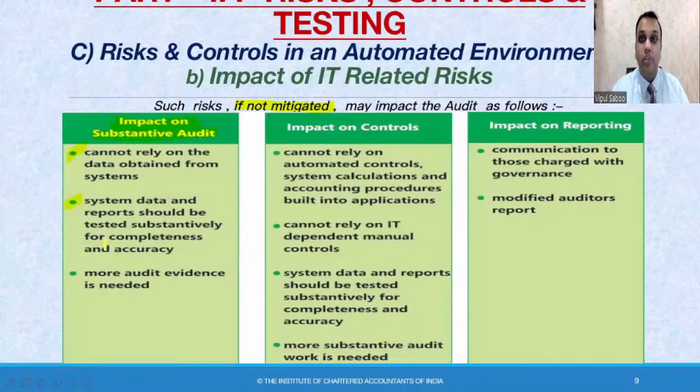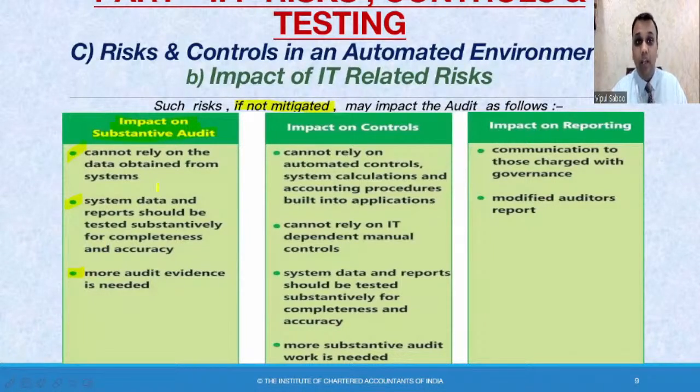Whether the automation is working properly or it is giving me incomplete information. So I have to check it. Whether the data is accurate, the processing of data is accurate, I have to check it on my own. More audit evidence is needed.